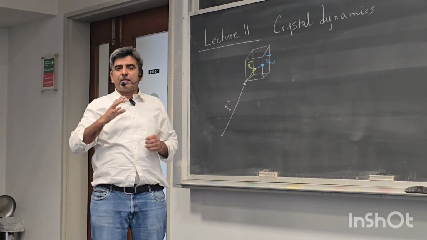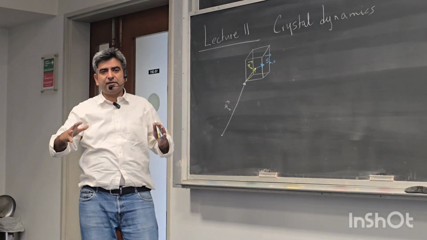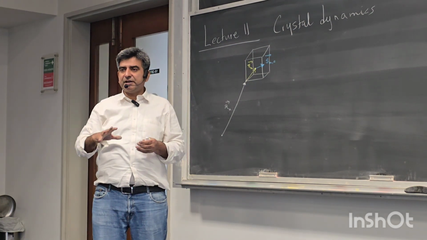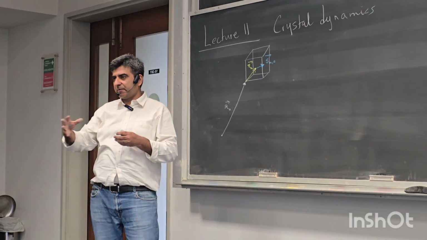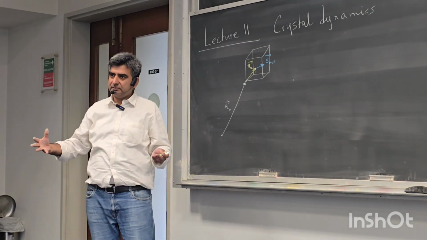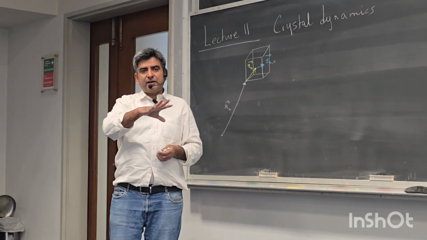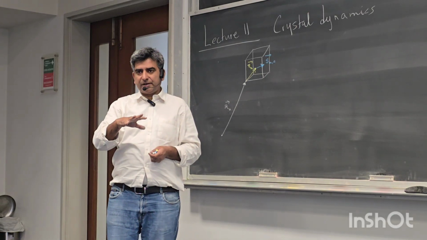When these atoms oscillate, the overall energy changes because when you displace an atom from its equilibrium position, the energy goes up, as we all know. The electrons, however, in this problem, are ignored for the time being.